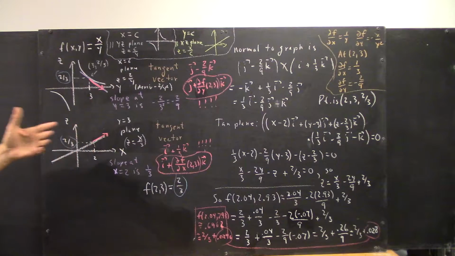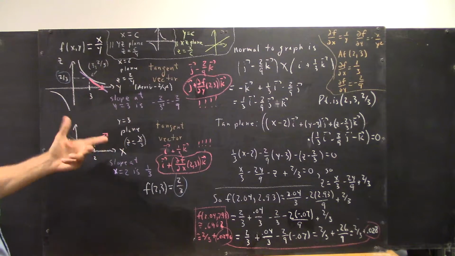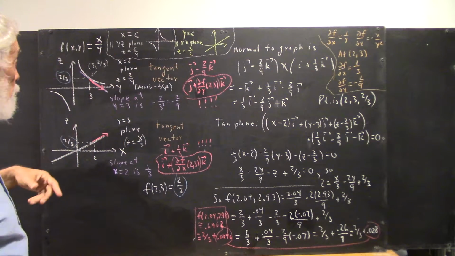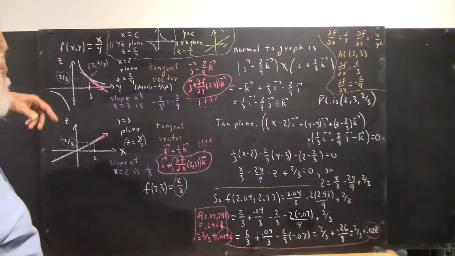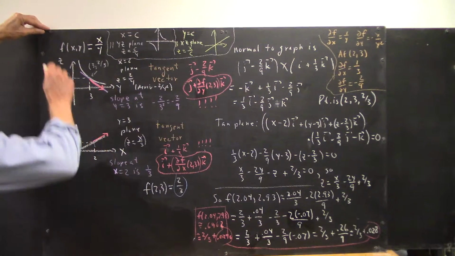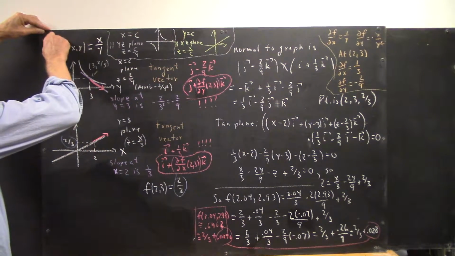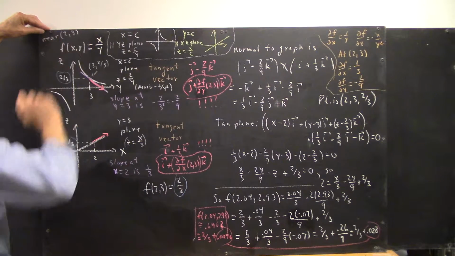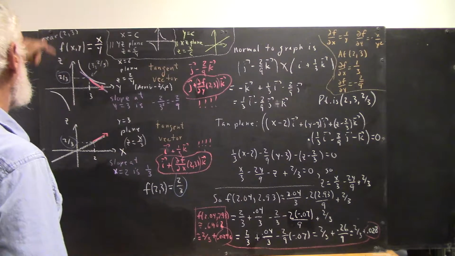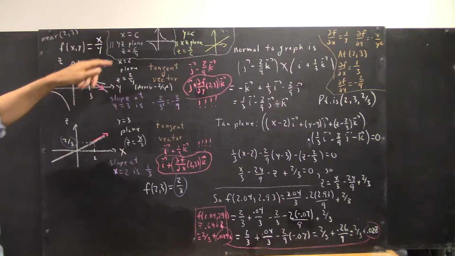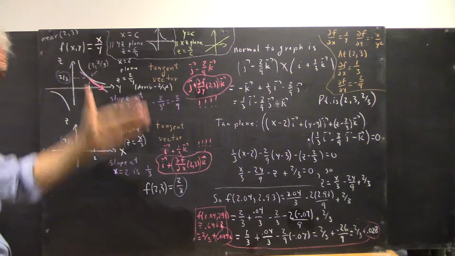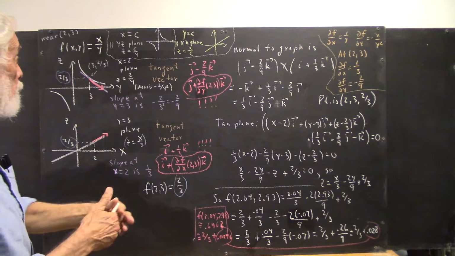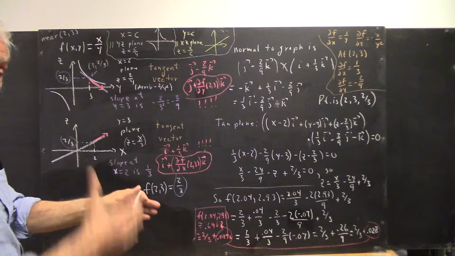And you can think of how this relates to the woodblock picture. If we confine ourselves to the y equals 3 plane, and why would we do that? Well, we're looking at the behavior of the function near the point 2, 3. At the point 2, 3, the x equals 2 plane is going to intersect the y equals 3 plane.